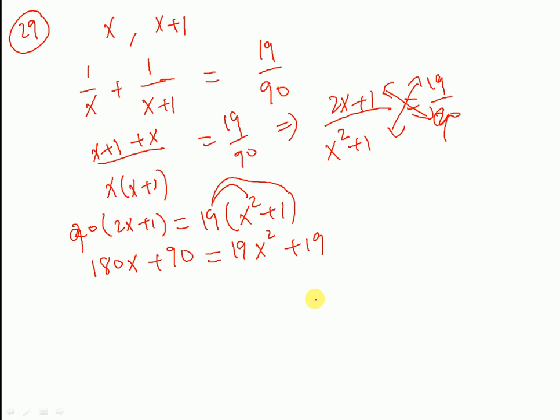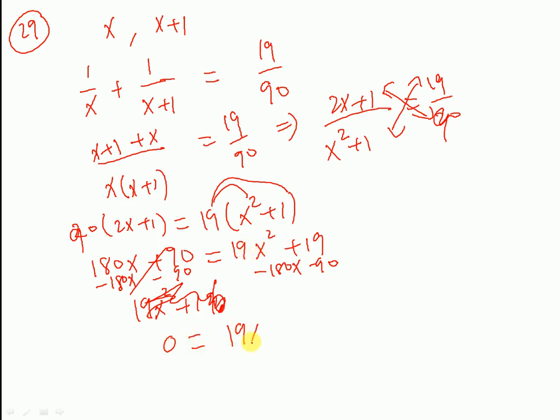So move everything on one side. So I have 19x squared plus 19 minus 16. No, sorry. So let's move, subtract 180x here and minus 90 on both sides. So this is 0. I have 19x squared minus 161x and minus 90 to be 0.